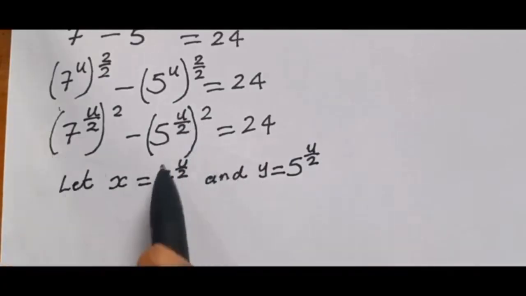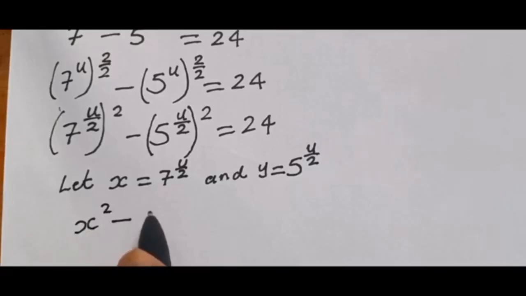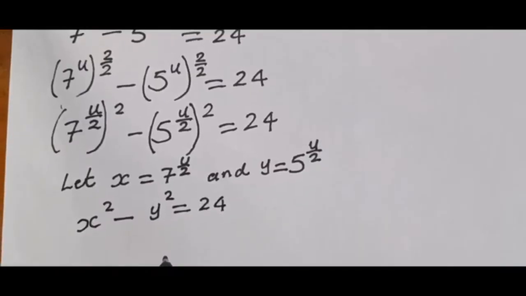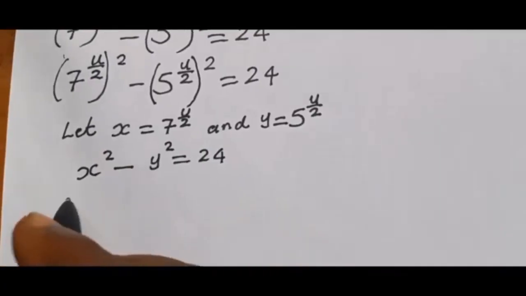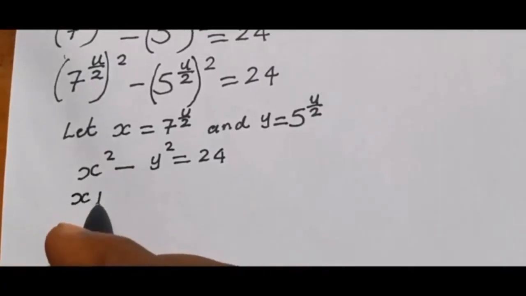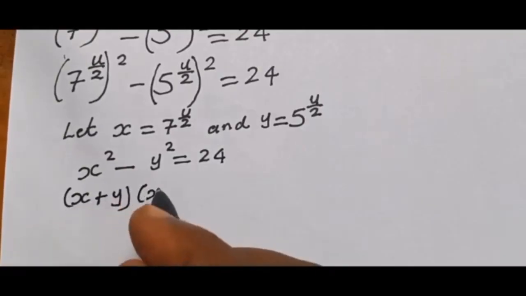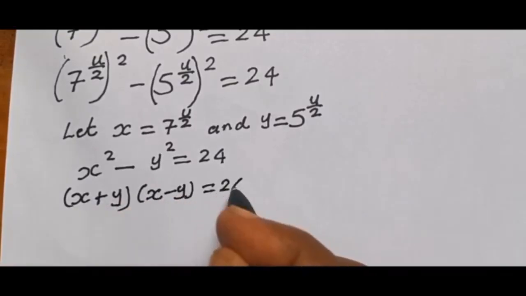So now the left-hand side expression becomes x squared minus y squared equals 24. This is the difference of two squares and can be factorized as x plus y in the bracket x minus y equals 24.